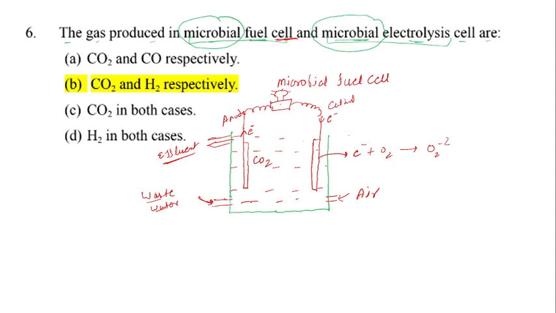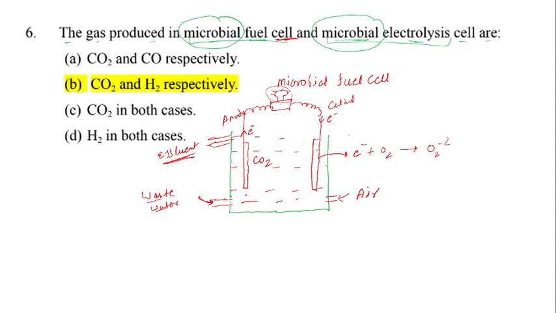We cannot say all, but the impurities present in wastewater will be oxidized by microbes and form CO2 plus electrons. These electrons are provided at the anode, and due to them electricity will flow and create some voltage, and you can consume this potential as an external source.